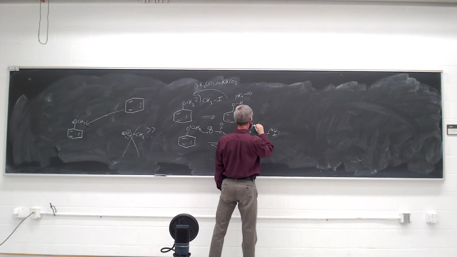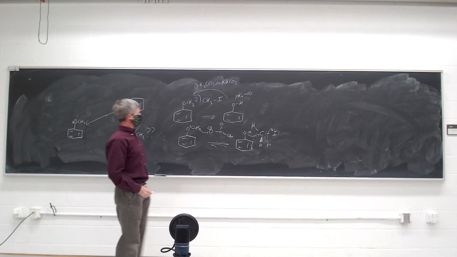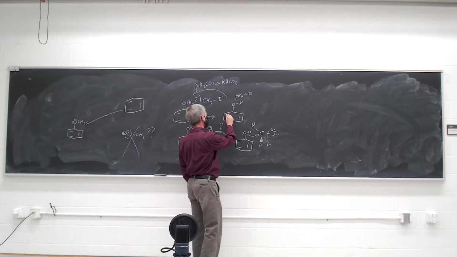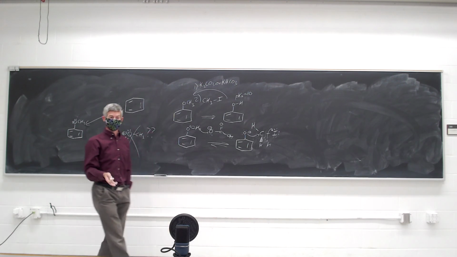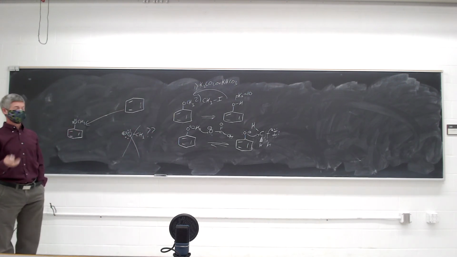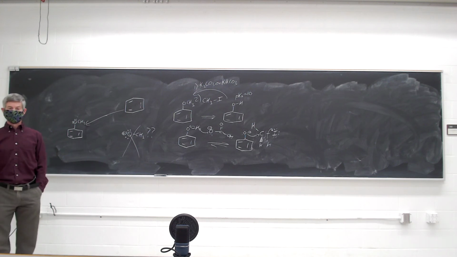Beautiful SN2 reaction. So then the question is, how do we make phenol? How do we put an OH group on there? We can't have OH plus any more than we can have OCH3 plus. So how do we introduce an oxygen onto the ring in the first place?